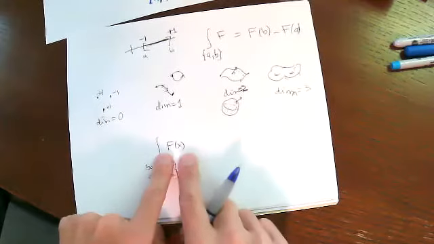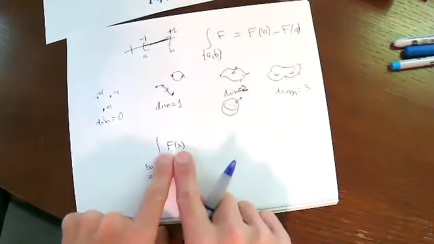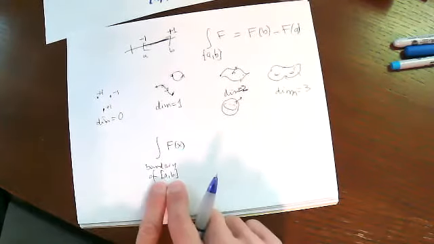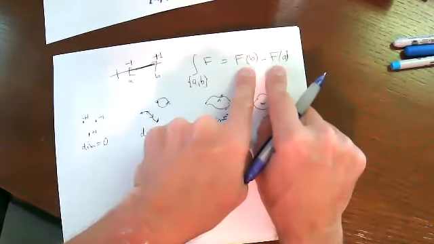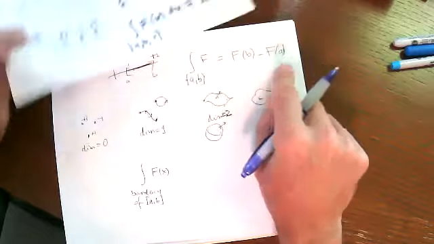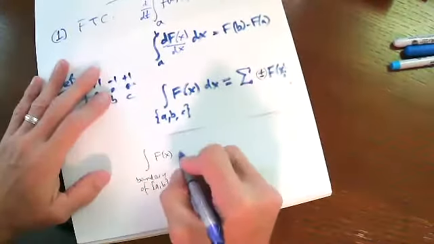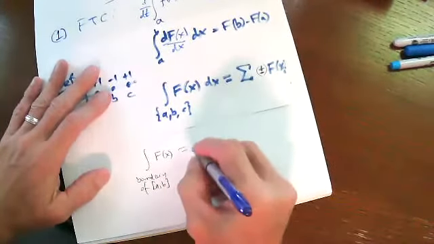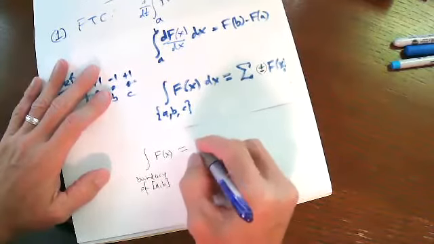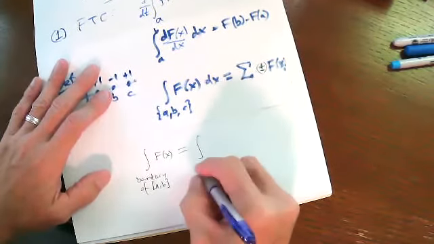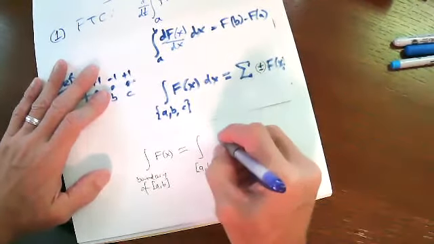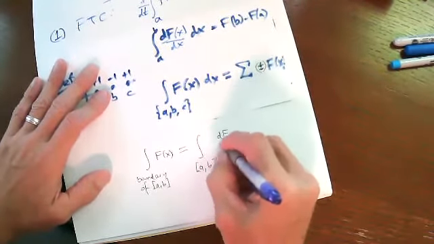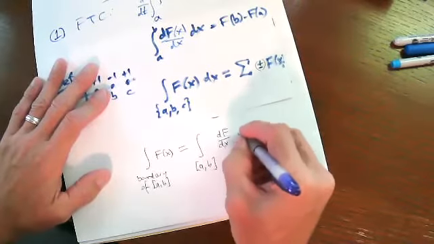And so the zero-dimensional integral of this zero-dimensional set just means this difference of the two values of capital F. According to the fundamental theorem of calculus, this now says that you will get the same answer as if you had integrated over the entire interval from a to b. You integrate the derivative of that same function of x with respect to x.